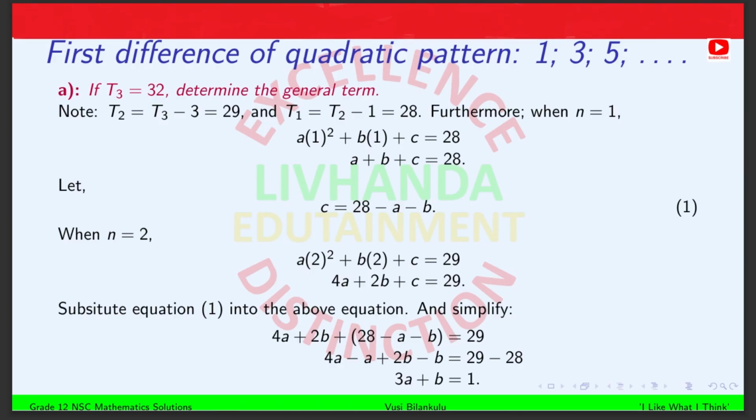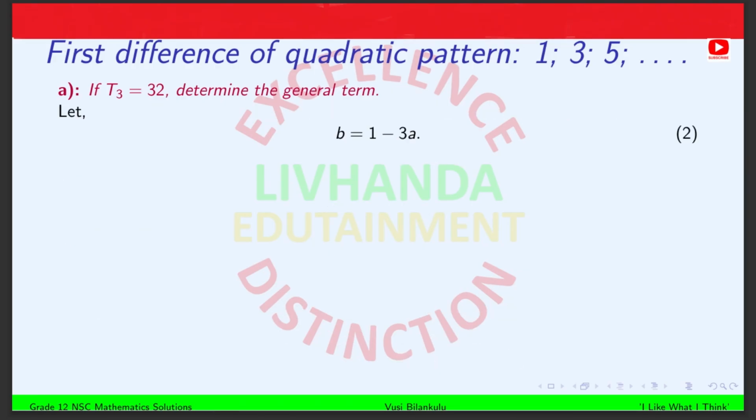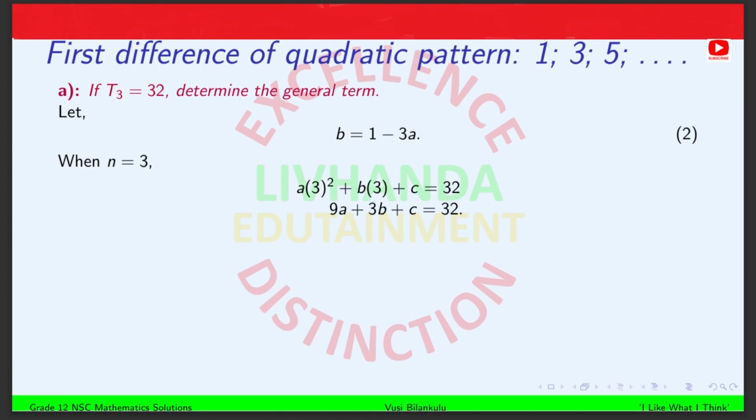Substitute equation 1 into the previous equation and simplify so that 3a plus b equals 1. Then label b equals 1 minus 3a as equation 2. When n equals 3, the formula for the general term simplifies to 9a plus 3b plus c equals 32.